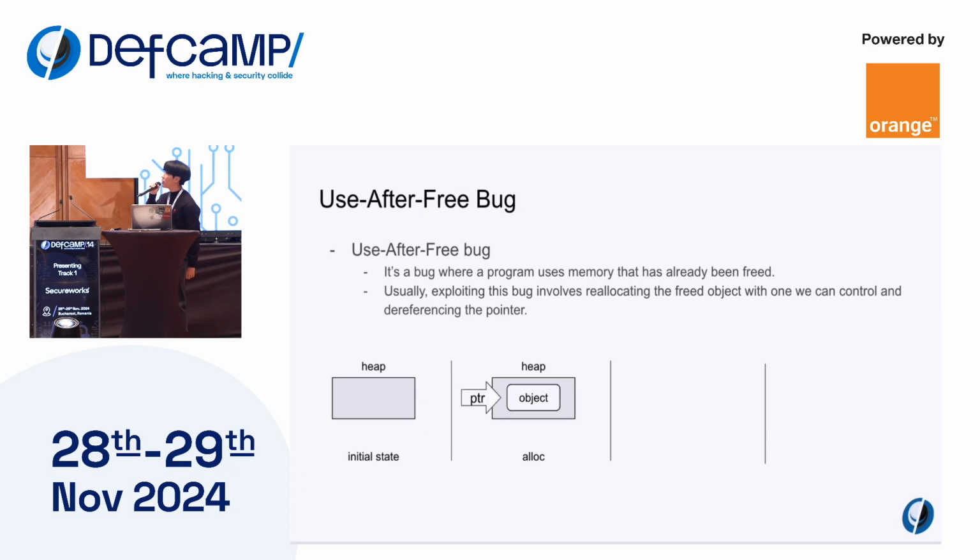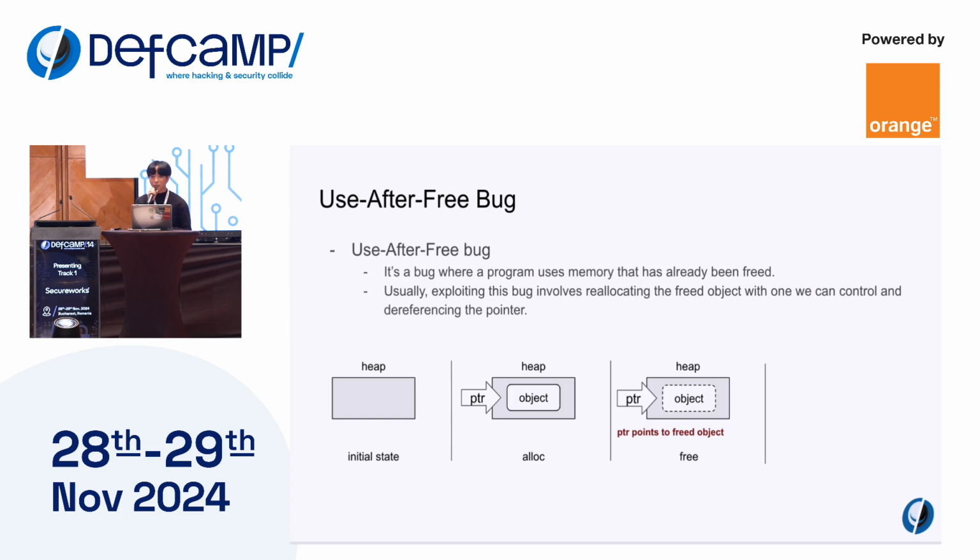When we allocate dynamic memory, an object is created in the heap memory, and a pointer is created, which represents the object. Then, if we decide the object is no longer needed, we free the object, releasing the memory back to the system. This memory region becomes available for future allocations.